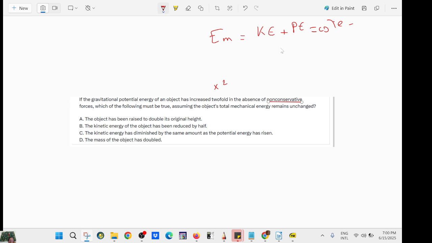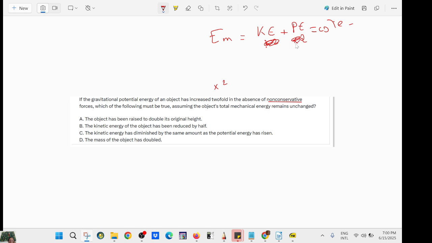So in that case, if the potential energy increases by a factor of 2, this one needs to be divided by 2. If one is multiplied by 2, the other one is divided by 2.